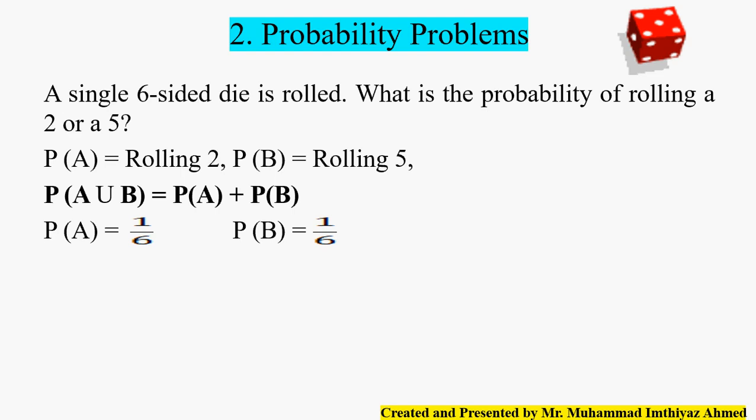So these 2 results we need to add by using this formula. So probability of A union B, it is 1 by 6 plus 1 by 6. Our answer will be 2 by 6. So with this, problem number 2 answer is over.